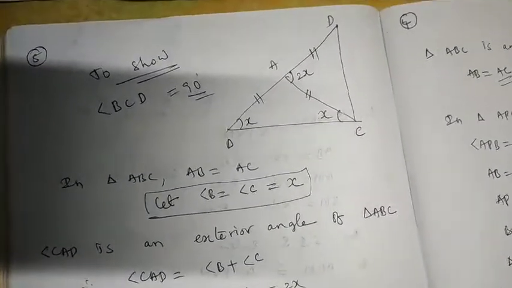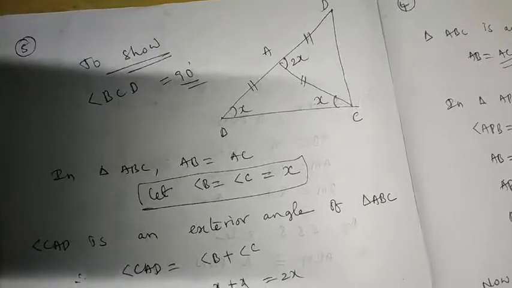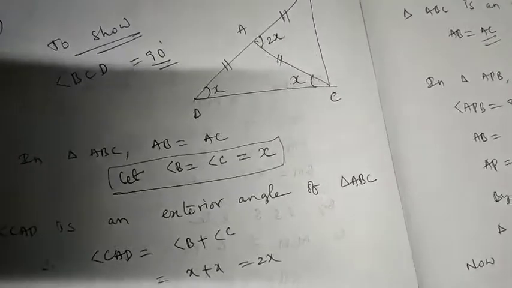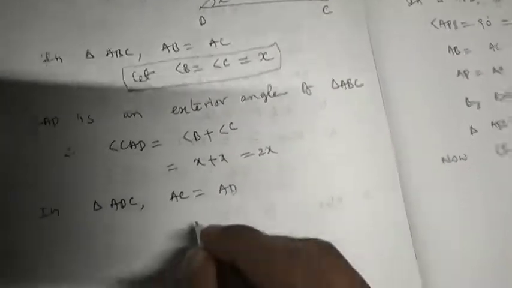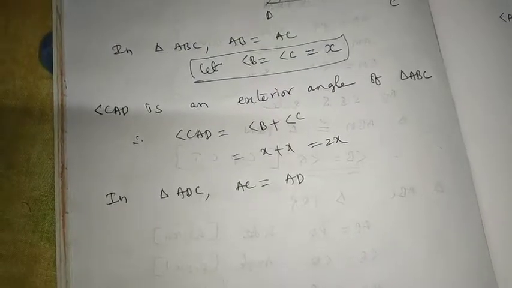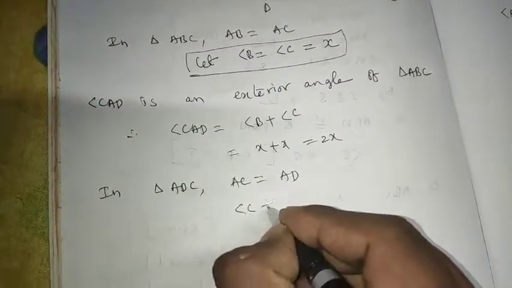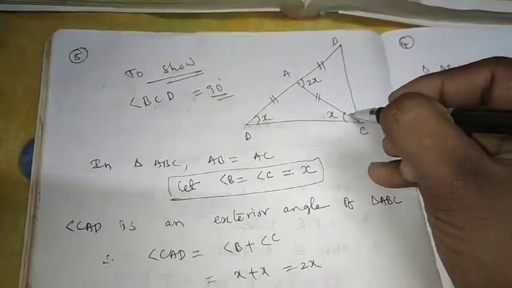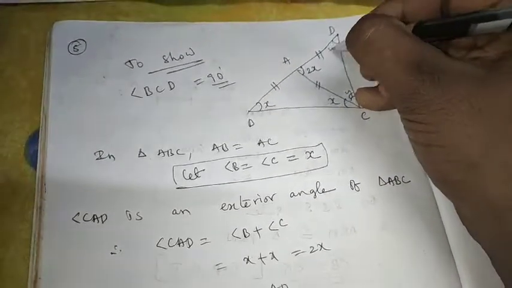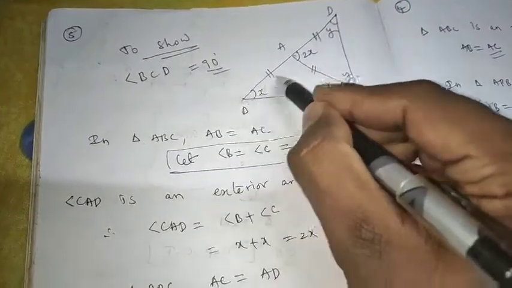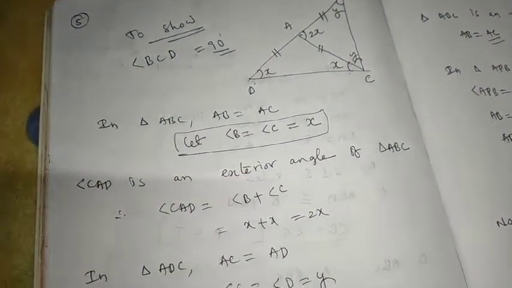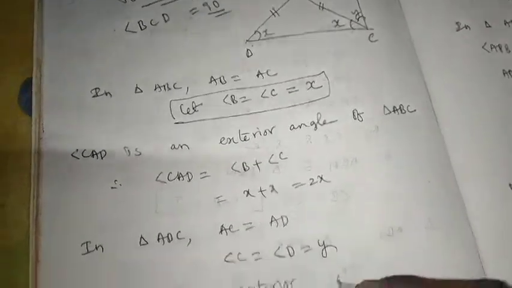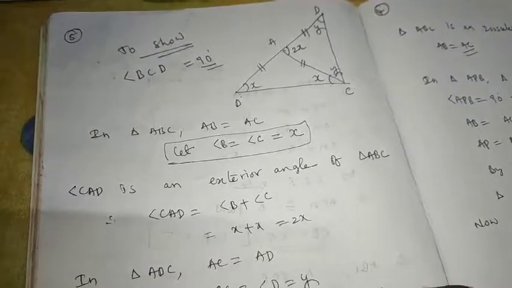Next, the same in triangle ADC. Look at triangle ADC. Again look at the mark: AC is equal to AD. So from this I can simply write angle C is equal to angle D, and I'll mention Y. Angle C is Y, angle D is also Y. But look at beta, angle BAC is an exterior angle of triangle ADC.